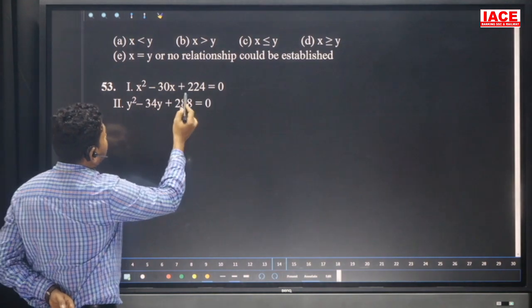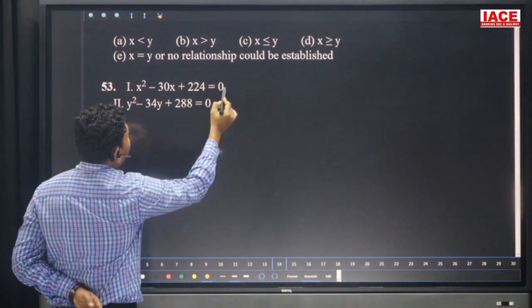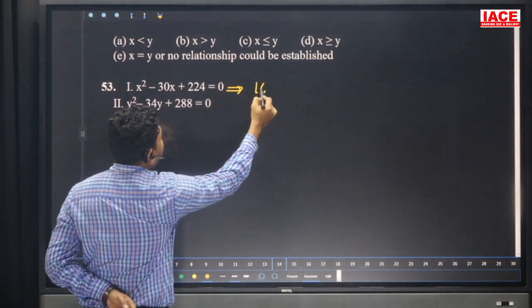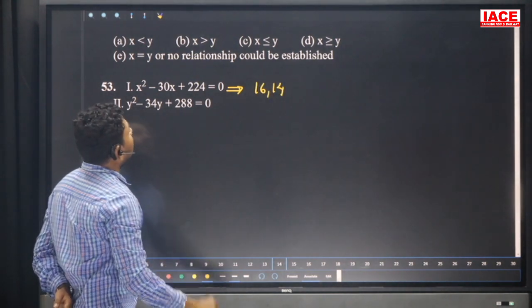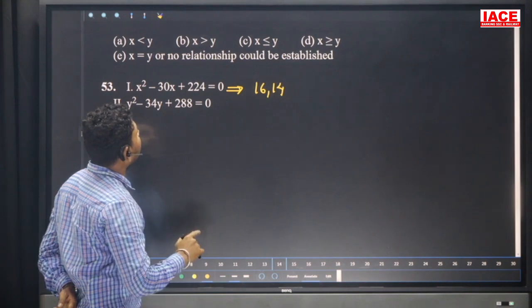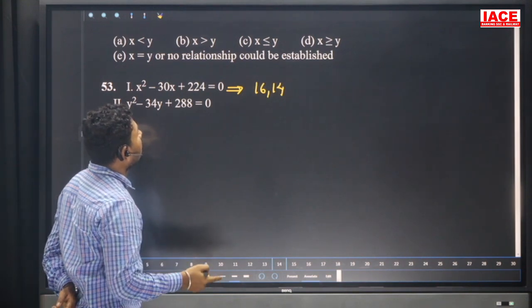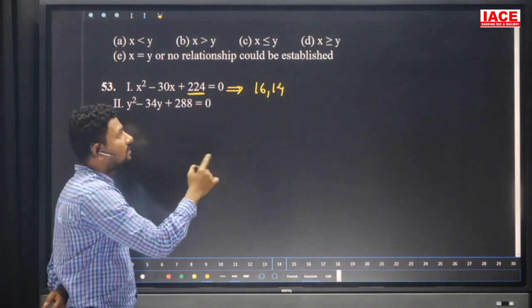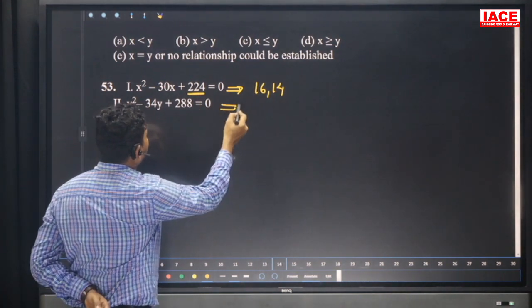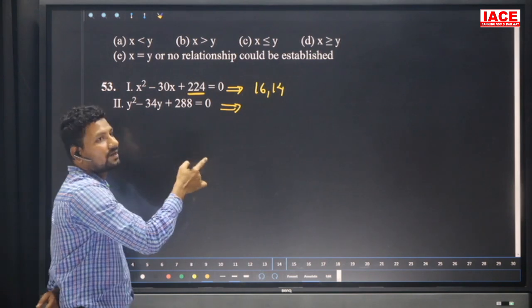Here x square minus 30x plus 224 is equal to 0. These factors are 16 comma 14. 15 square value is 225. 225 minus 1 value is 224. Then 224 we can write 15 minus 1 and 15 plus 1, 16 comma 14. And here the factors are 288. 17 square value 289.